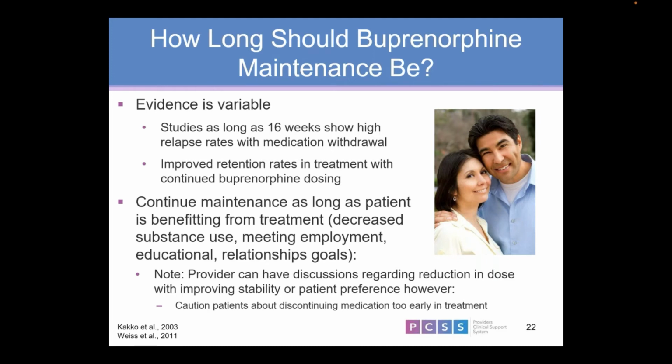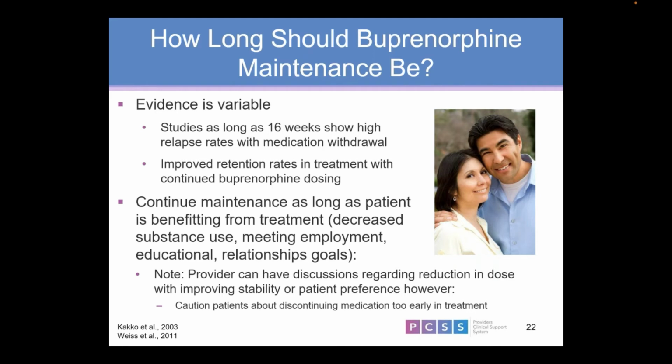So patients will get to that place where they know it's helping them stabilize and move their lives forward in very positive ways. And so the idea that somehow they're going to stop this prematurely for no good reason, quite honestly, there's no good evidence that stopping it prematurely is of any value in terms of helping them in their recovery.